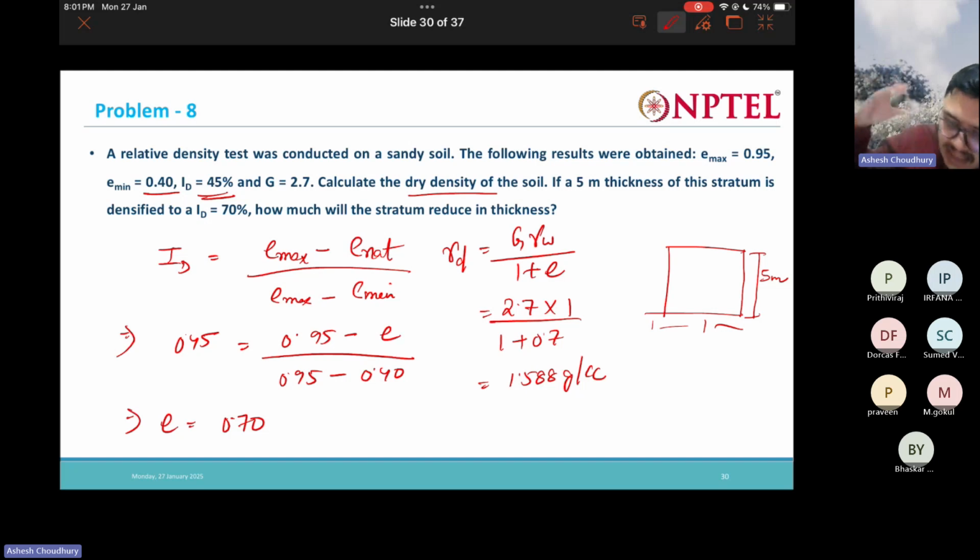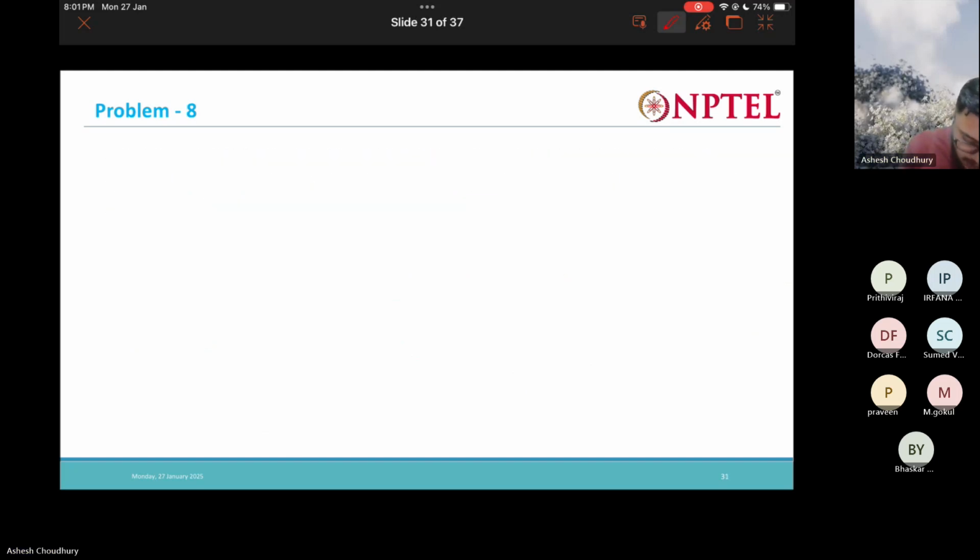Now obviously when you densify the soil, when you make it more dense, there is going to be some reduction in the volume of the soil, right? Now you have to find out that reduction. So for 70%, if I need to calculate the natural void ratio, what will that be?